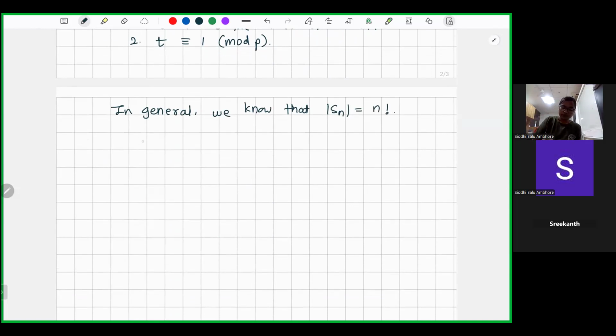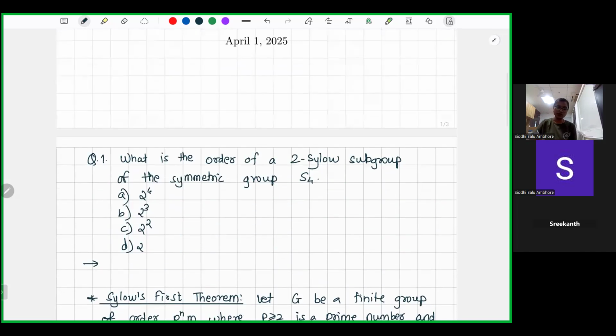So the cardinality of S4 is 4 factorial, that is 24. Okay. They are asking the question about Sylow 2-subgroups, right?